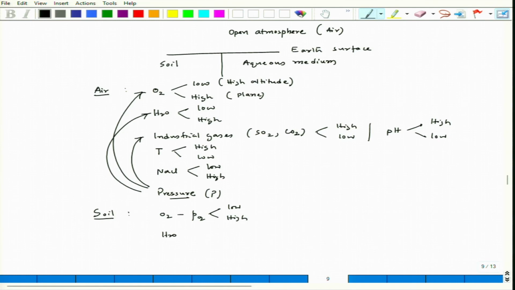Moisture could be low or high. Then of course, the presence of chloride ion could be high or low. And it is not only chloride ion; there could be several halides like bromide, iodide or fluoride, those halides can also be present, fine.